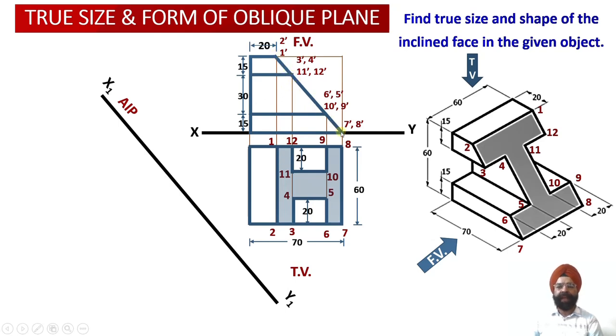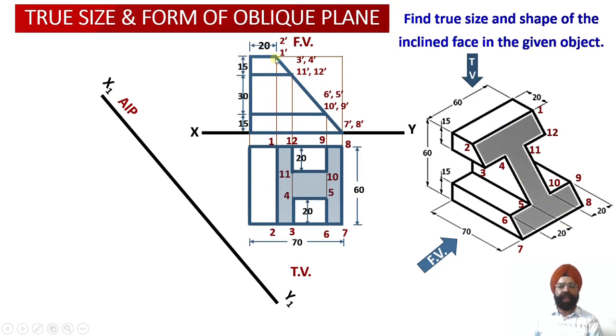That is why we had chosen to draw the front view orthographic projections over here, because in the orthographic front view projections we have been able to obtain the edge view of this sectioned cut surface of the solid.